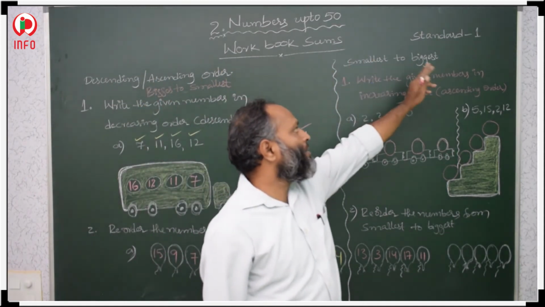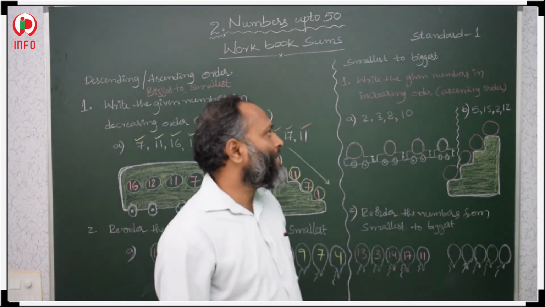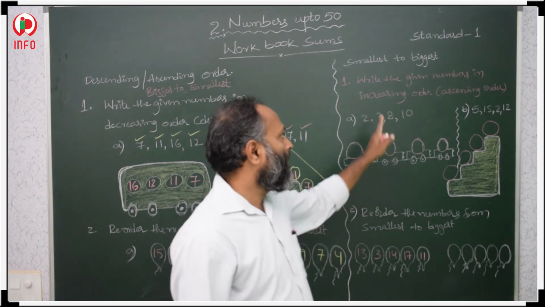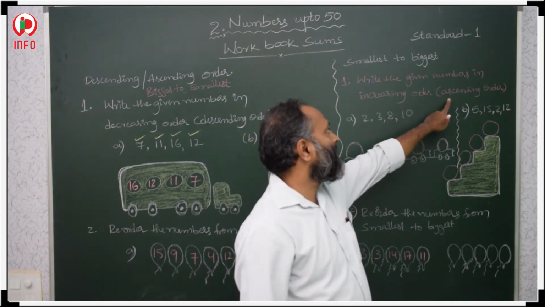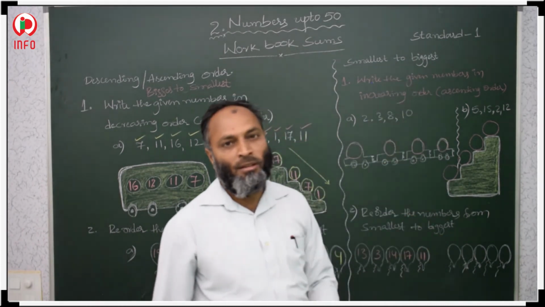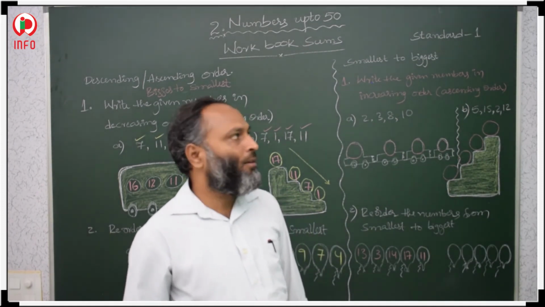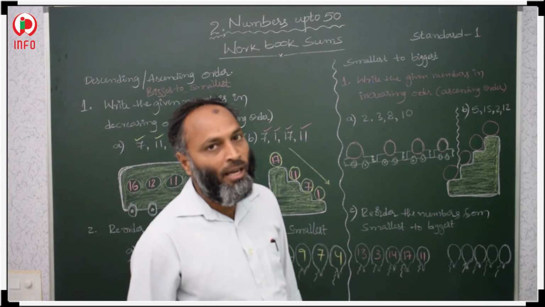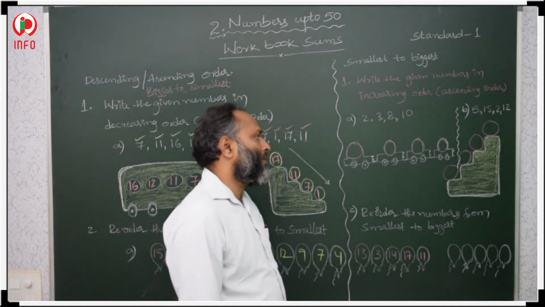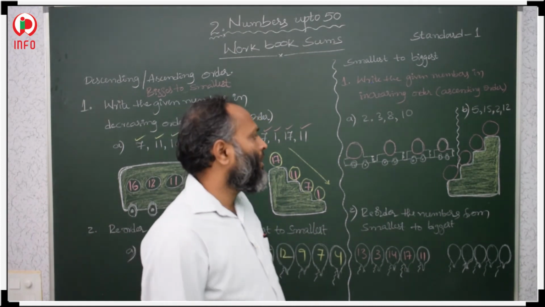Now here smallest to biggest. Increasing order, ascending order, smallest to biggest. Anyhow, the meaning is the same. Descending order is over. Now ascending order. Ascending order means increasing order. Increasing means from smaller to bigger.